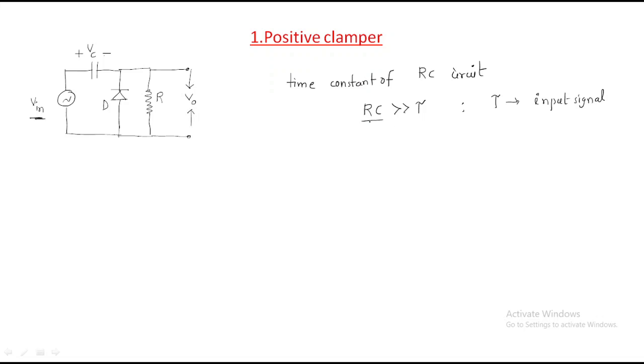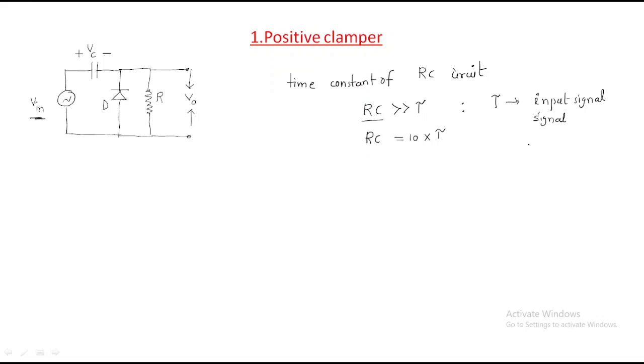This is the important point. Almost, the circuit time constant is 10 times the input signal time constant. RC is the circuit time constant. This is very important to understand.